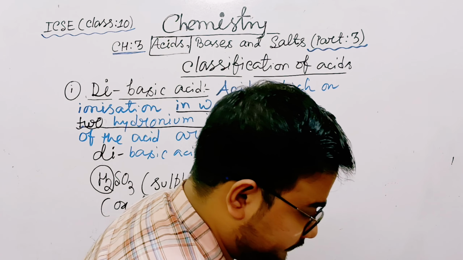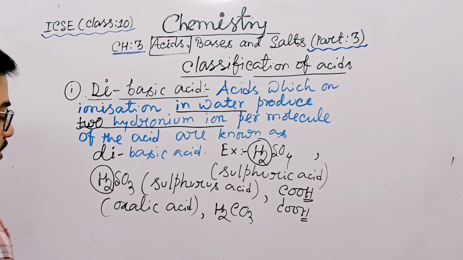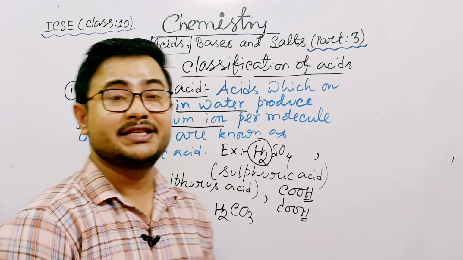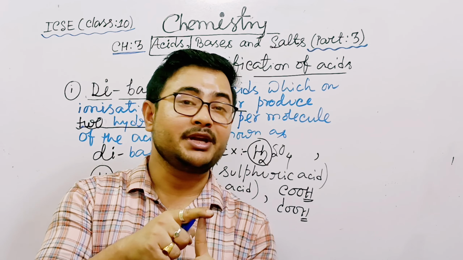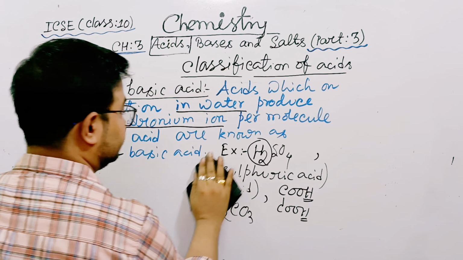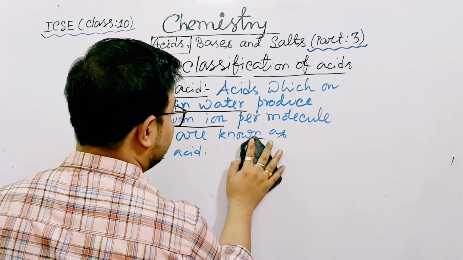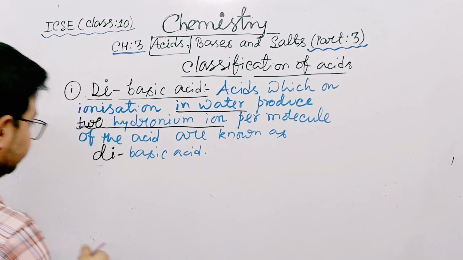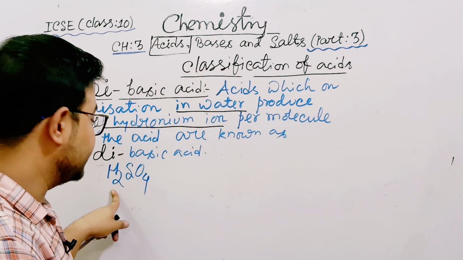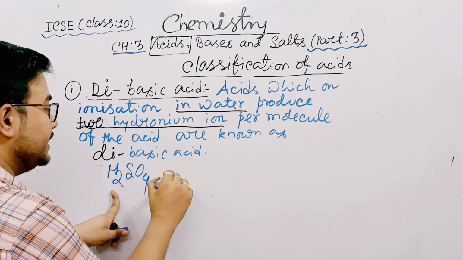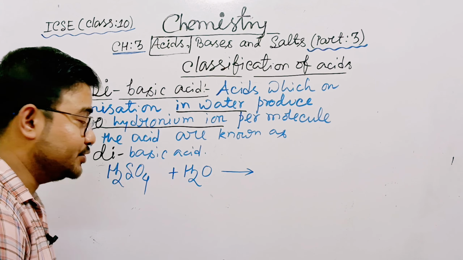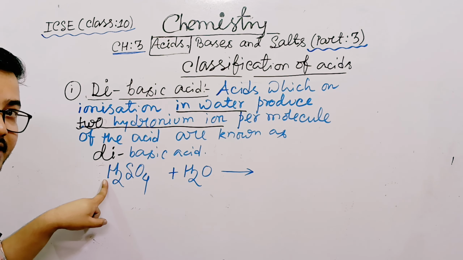Now my question is, in the monobasic acid I told it ionized in how many steps? 1 step, no? So look at the board. Suppose we have sulfuric acid, H2SO4. Is it monobasic or dibasic? Obviously dibasic. When it dissolves in water, first try to understand. H plus ion is here.